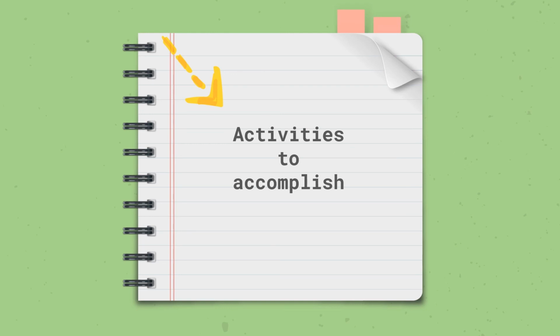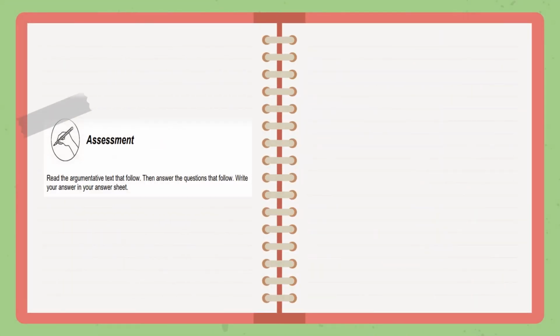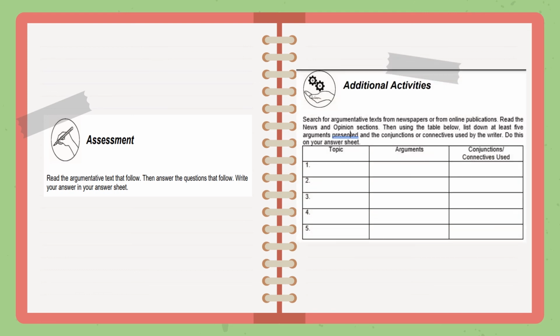These are the activities you are to accomplish for this week. For the assessment, in the module, you are to read the argumentative text. Then, you will answer the questions provided. Write your answers in your answer sheet.